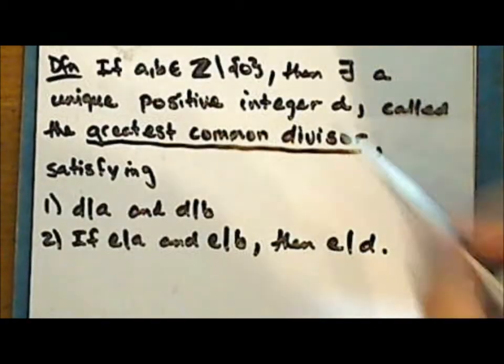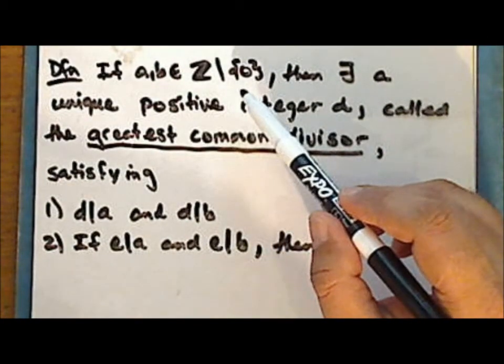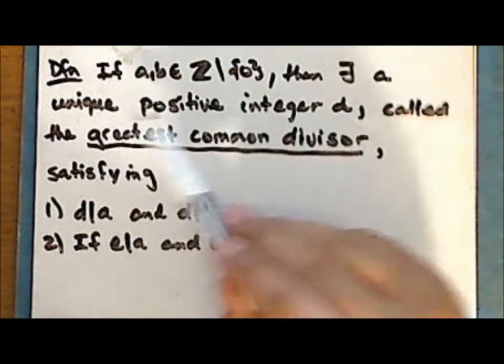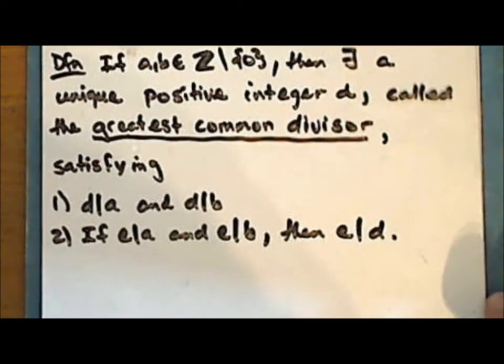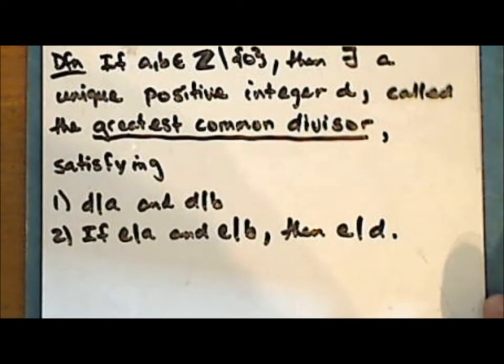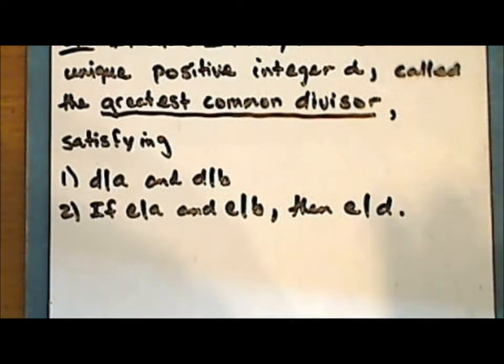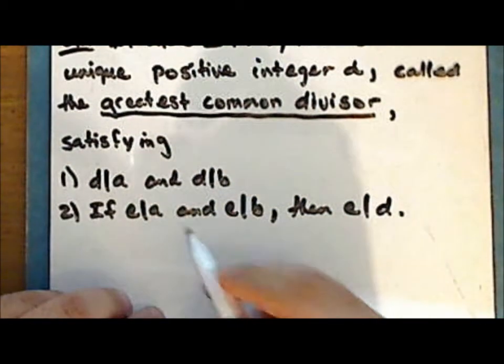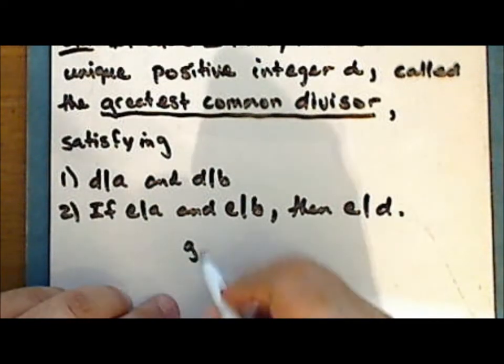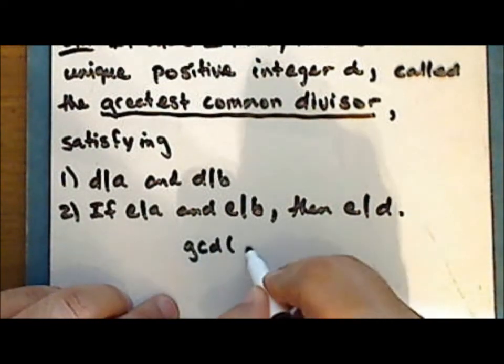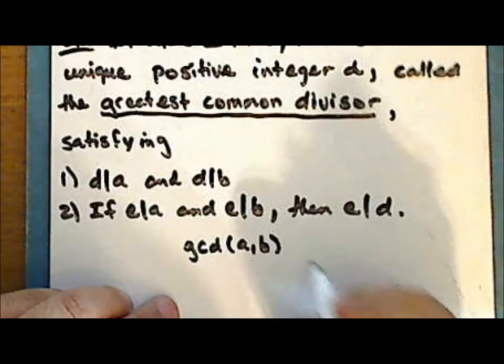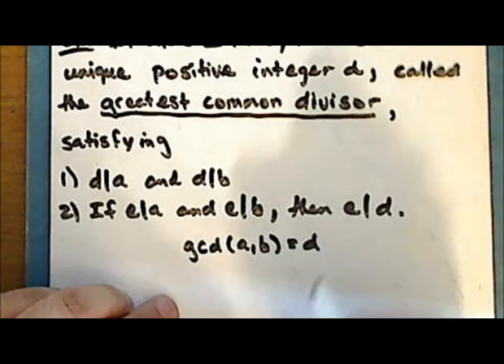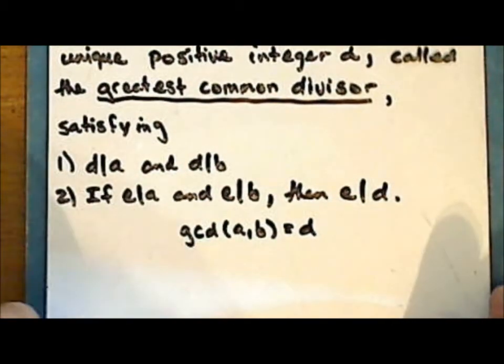Now, the requirement that A and B be non-zero is necessary to ensure the uniqueness of the positive integer D, because any integer can divide the number 0. Now, I will use functional notation to denote the greatest common divisor of two elements, A and B. And this is our unique positive integer D.